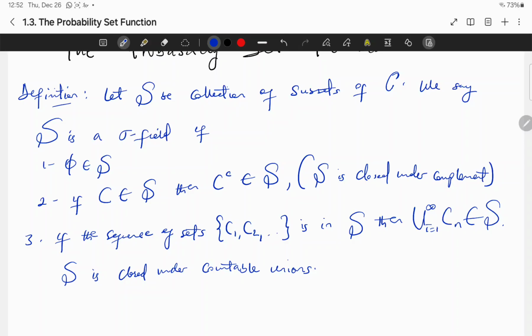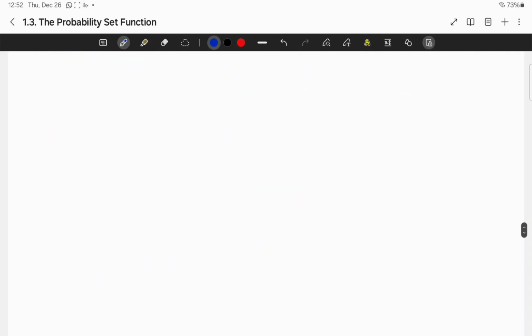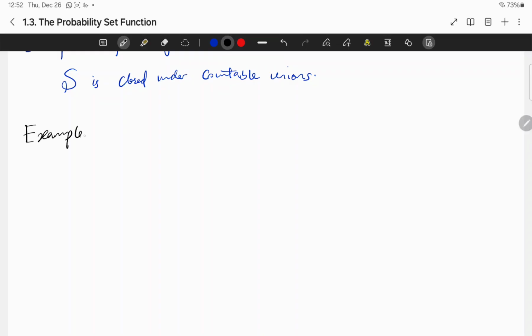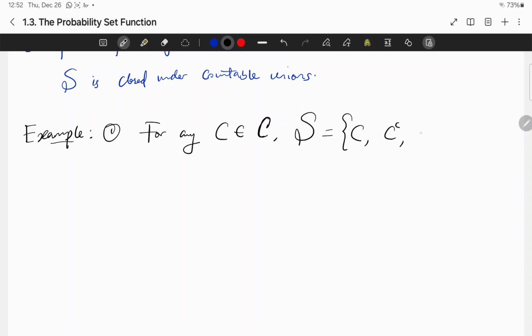Okay, so let's give some examples of a sigma field. Example: for any C that belongs to our sample space, we can write our sigma field as C, the complement of C, the empty set, and the full set.